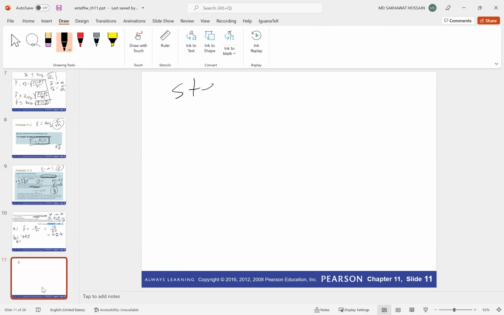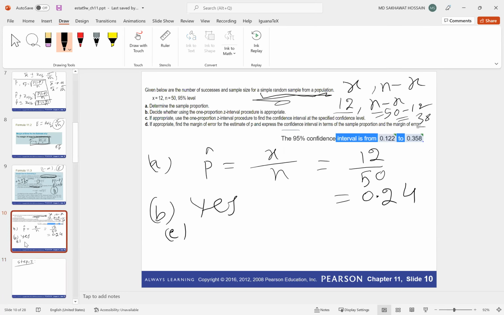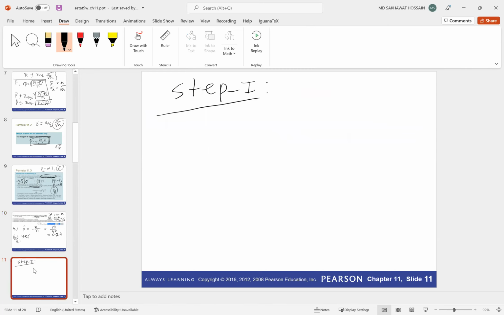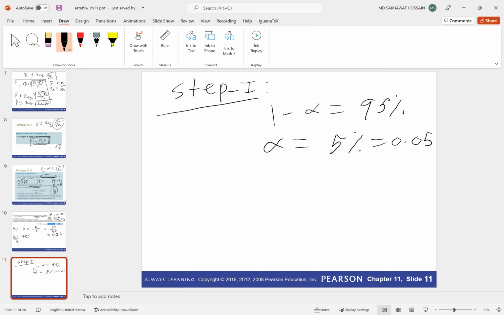So step 1. What is the confidence level here? We want to construct a confidence interval, and the confidence level is 95%. That means 1 minus alpha is 95%, so alpha will be 5%, which is 0.05.